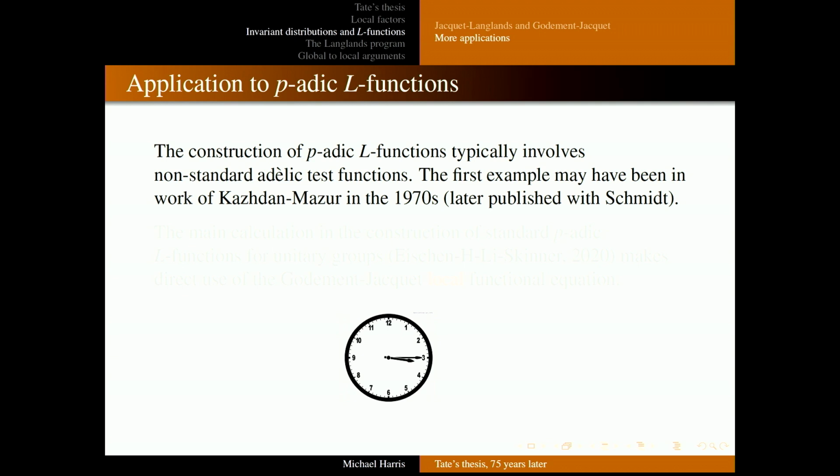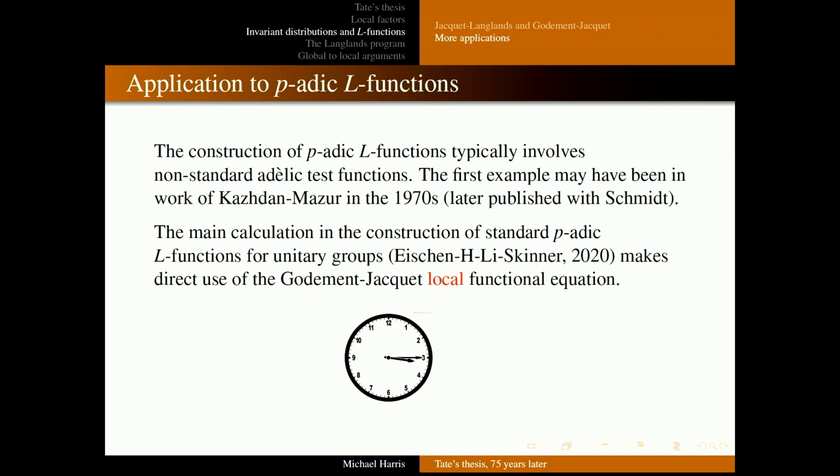This first example may have been the work of Kazhdan and Mazur in the 1970s, which was later published in 2000 with Schmidt. And actually, the main calculation in my paper with Eischen, Lee, and Skinner for p-adic L functions for unitary groups makes direct use of the Godement-Jacquet local functional equation.